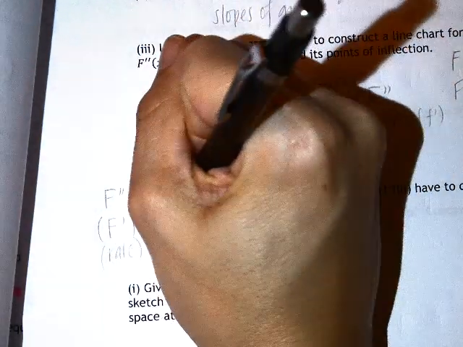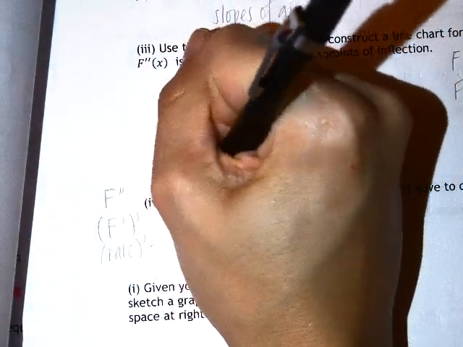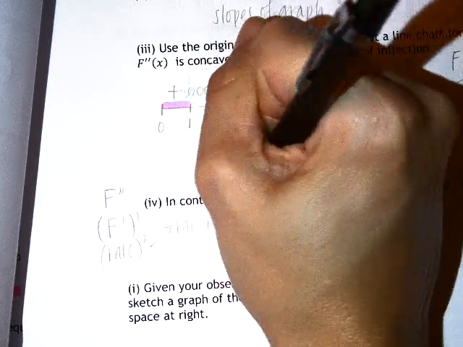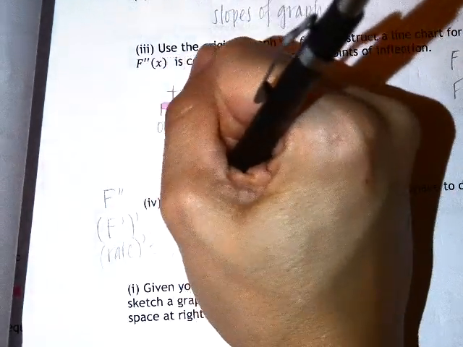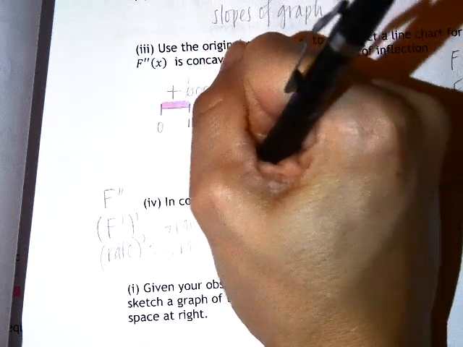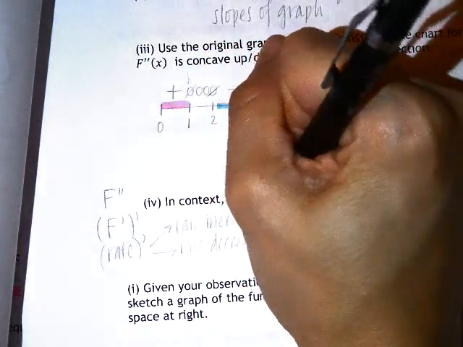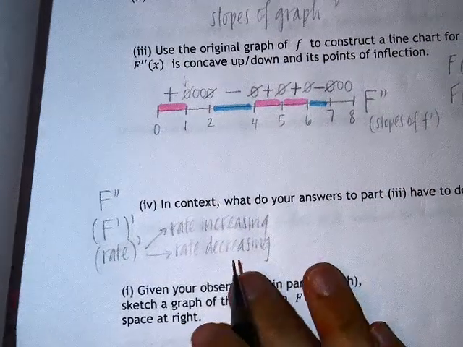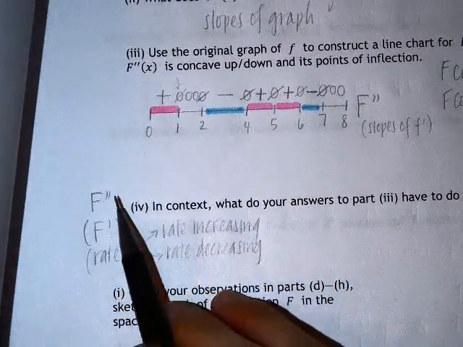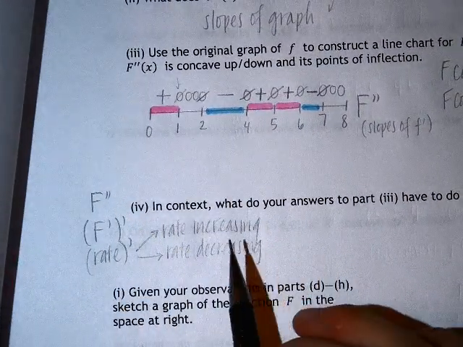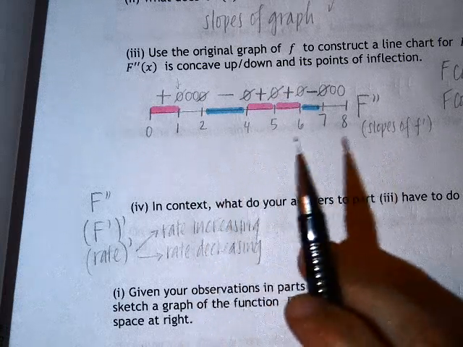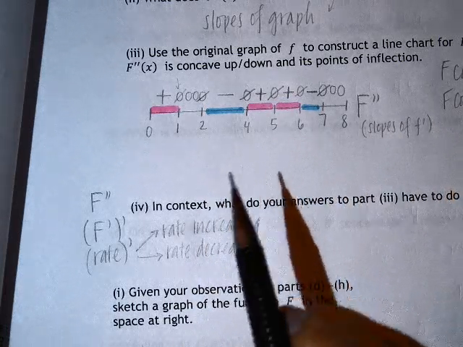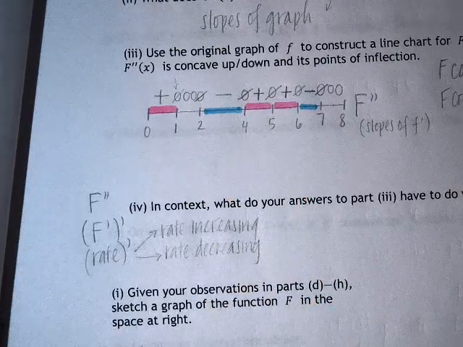In other words, I want to know when the rate of change is increasing or when the rate of change is decreasing. Again, that's a pretty abstract concept, but that, in essence, is what F double prime is measuring. F double prime is actually measuring when the rate of snowfall increases or the rate of snowfall decreases.